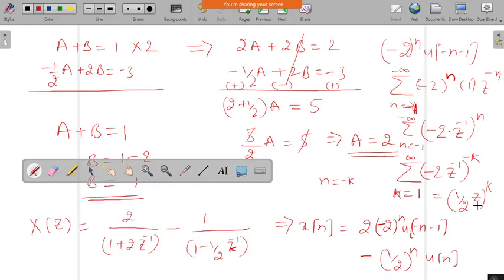And now we can write this as 1 over, half z divided by 1 minus 1 by 2 z. If I want to retain z inverse, this is 2 power minus 1. So let us do that, then we will come to know the result.